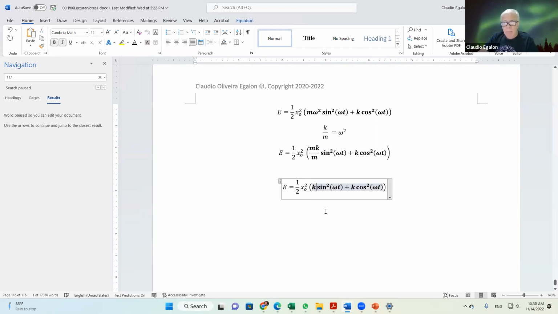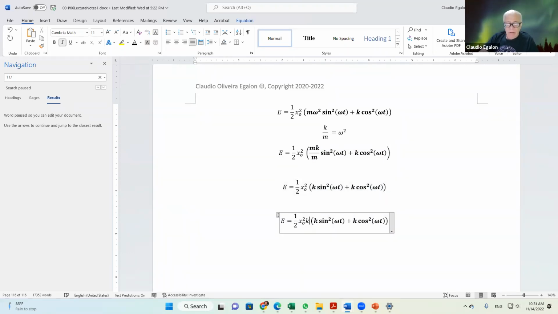And we end up with the same factor multiplying the sine and the cosine. Because of that, we can put the K in evidence here, right? And then what else do we end up getting? We get this relationship between sine and cosine that we know is 1. Okay? 1.